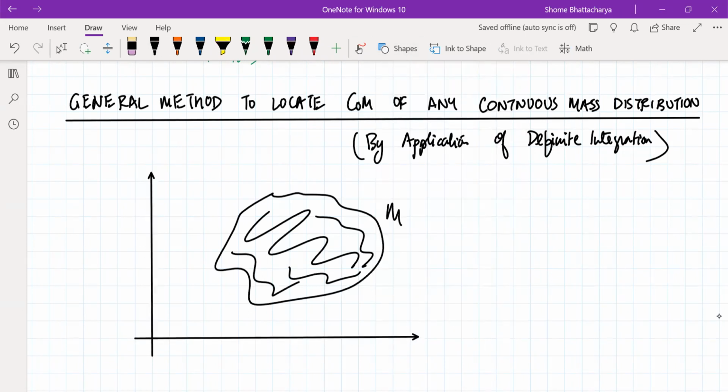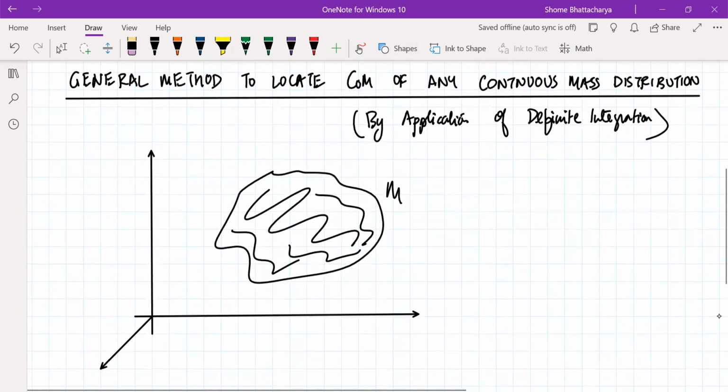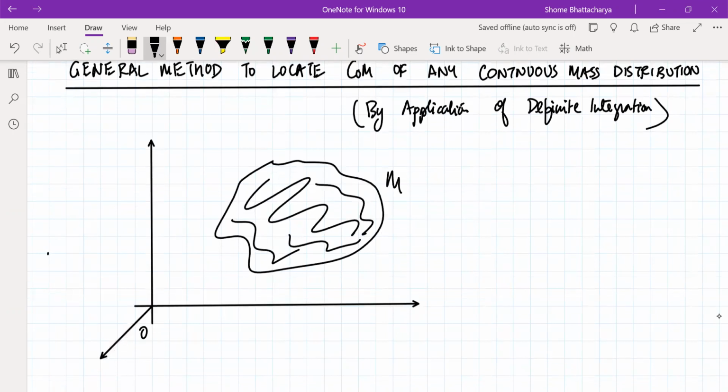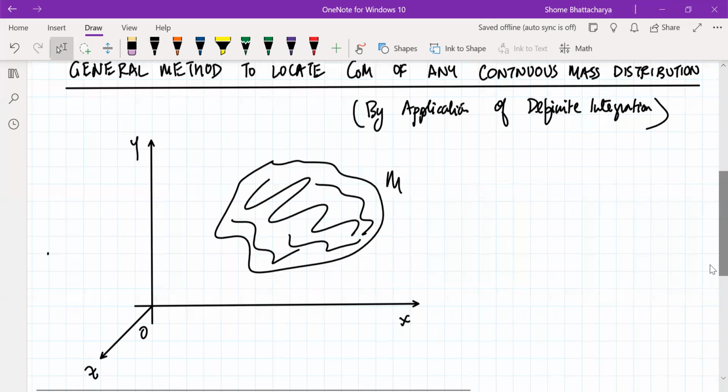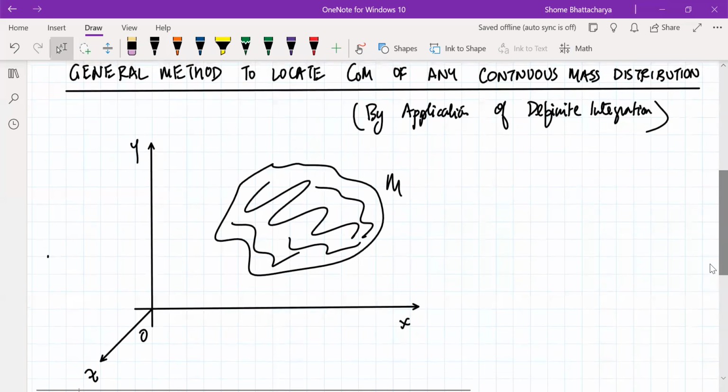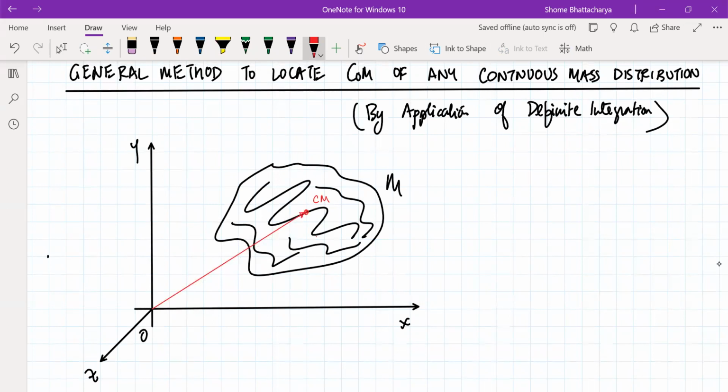In general, this is a 3-dimensional coordinate frame whose origin we have defined at some point like this, and these are the mutually perpendicular XYZ axes. Now, according to this reference frame, we have to locate the position of the center of mass of the rigid body. Obviously it's somewhere within the rigid body, let's say somewhere here. So we want to find this position vector of the center of mass.